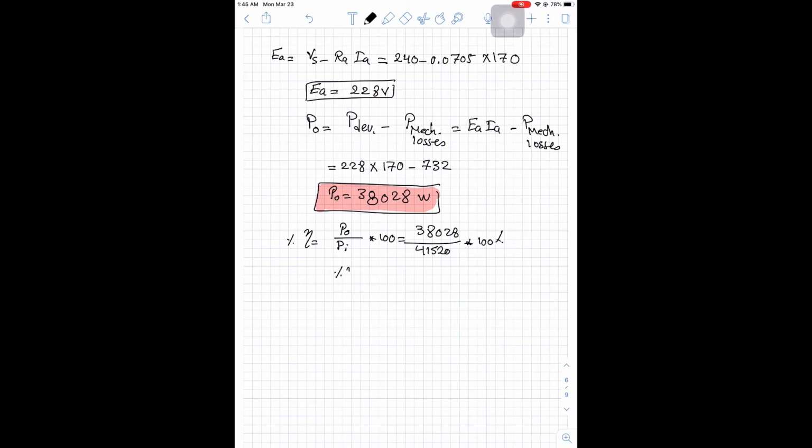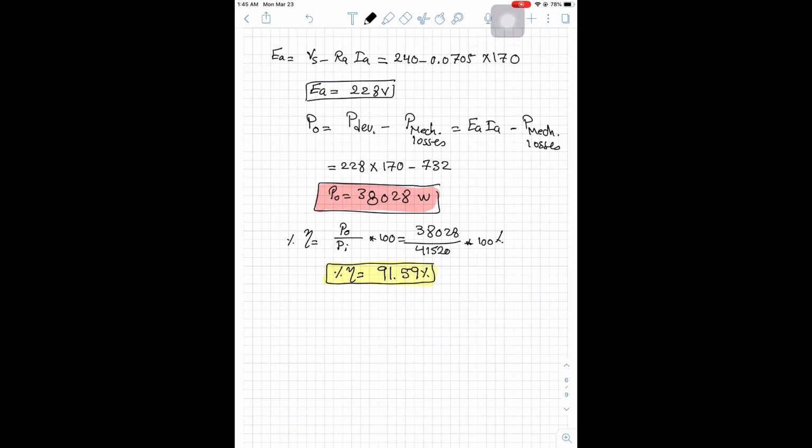The percentage efficiency equals 91.59%. We need to keep this value in mind when we move to other motors like synchronous and induction machines. As you can see, the DC machine is an efficient machine. The efficiency is 90 plus. So now we are done with the first part, which is finding the efficiency.